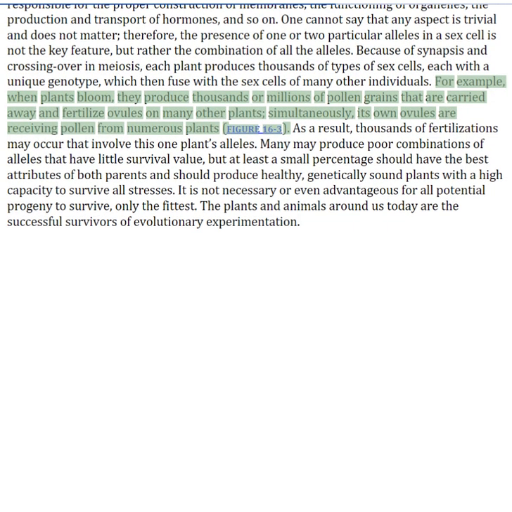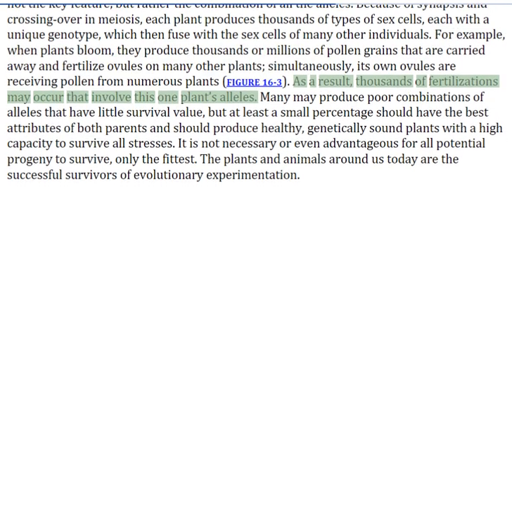For example, when plants bloom, they produce thousands or millions of pollen grains that are carried away and fertilize ovules on many other plants. Simultaneously, its own ovules are receiving pollen from numerous plants. As a result, thousands of fertilizations may occur that involve this one plant's alleles.